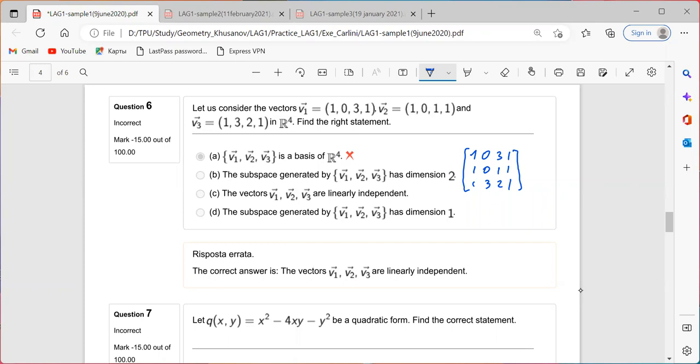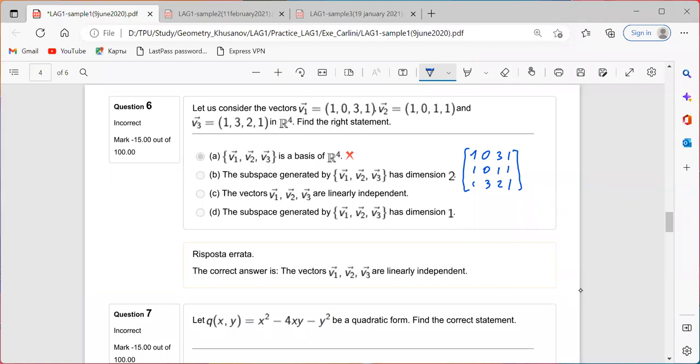Now we have to again consider the row echelon form of this matrix, and check how many leading elements we will have here. The number of leading elements will show us which of these rows are linearly independent.